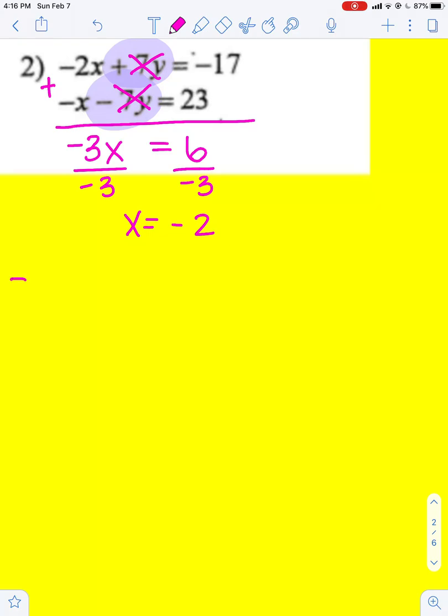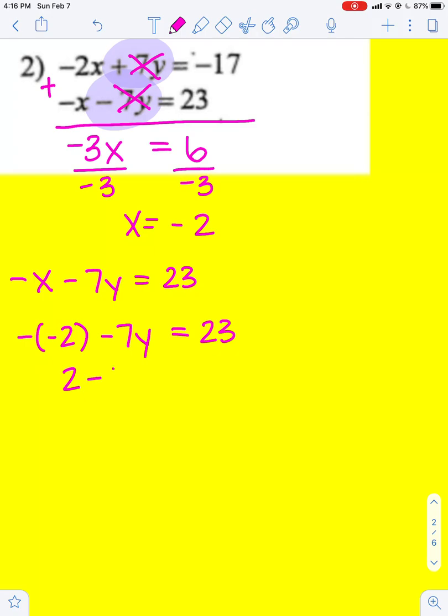Now I'm going to use -x minus 7y is equal to 23 to solve for y. So I'm going to go ahead and plug in the negative times the -2 minus 7y is going to equal 23. This becomes a +2 minus 7y equals 23.